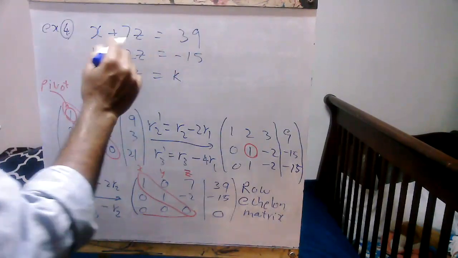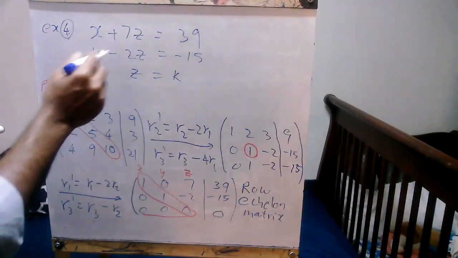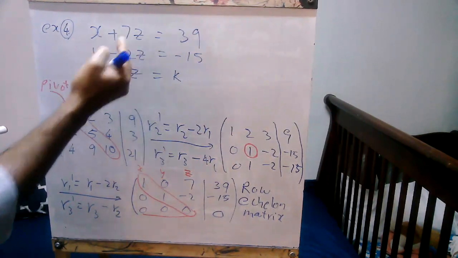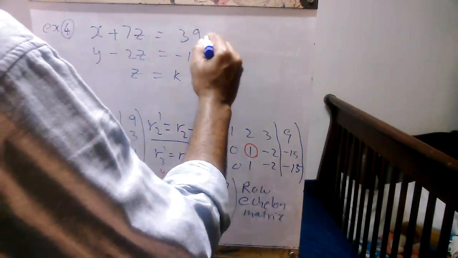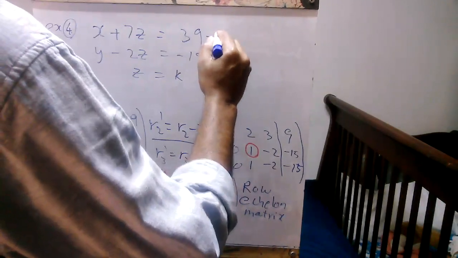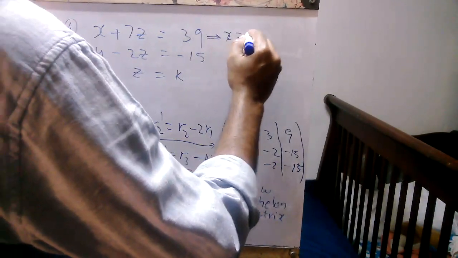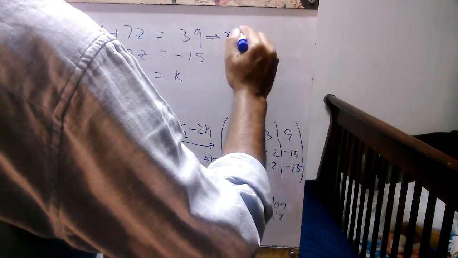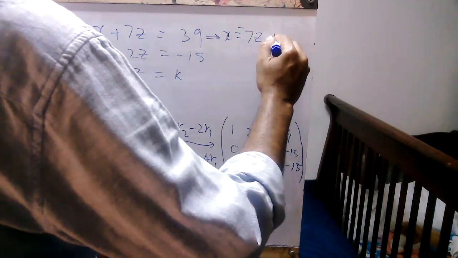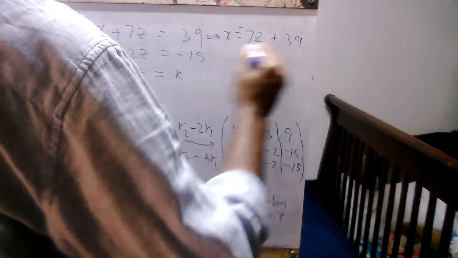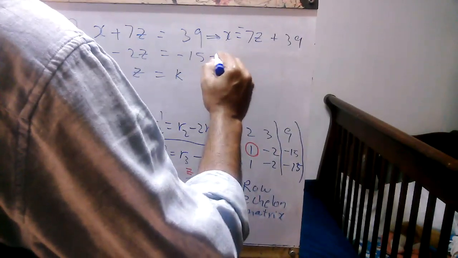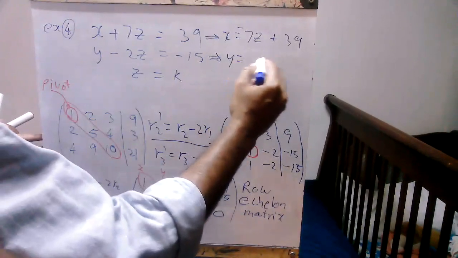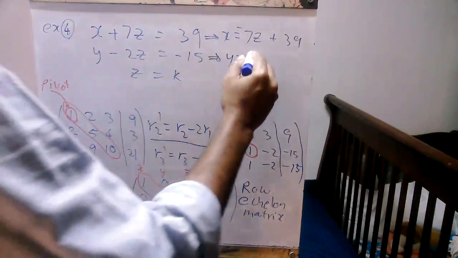So if you solve the first equation for x and the second equation for y in terms of z, we get x equal to negative 7z plus 39. This gives us y equal to 2z minus 15.